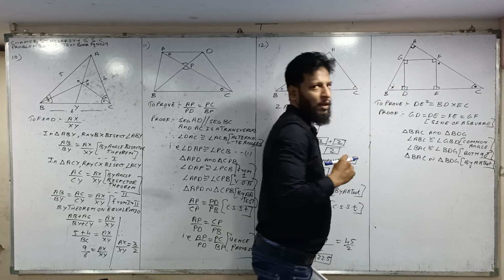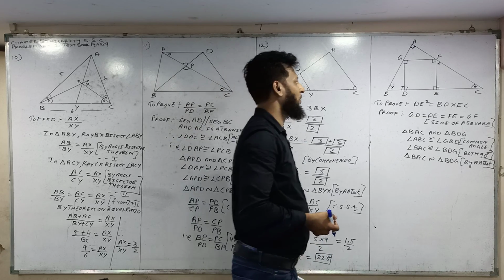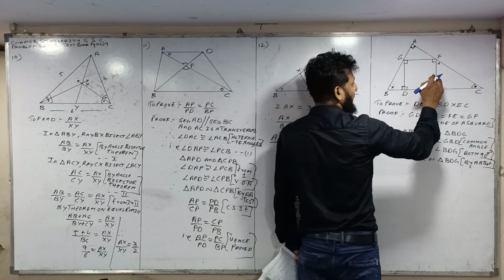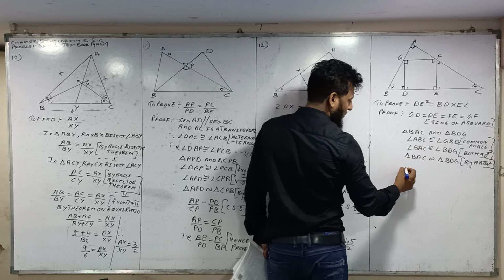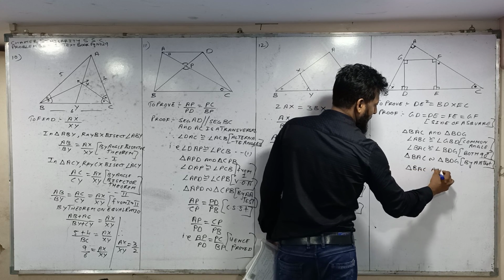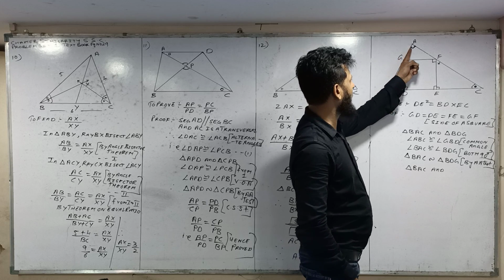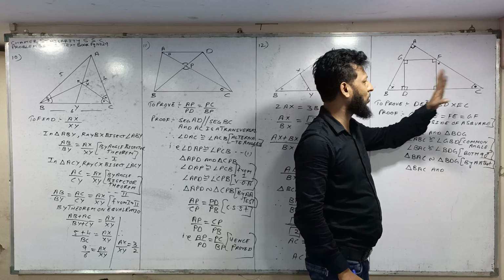I am just marking the sign. This will make it easy to name the triangle. Okay, so now again take the triangle BAC. In this I am starting with the third angle, going to 90 degree and then going to the common angle.